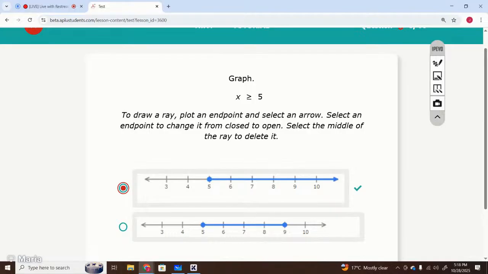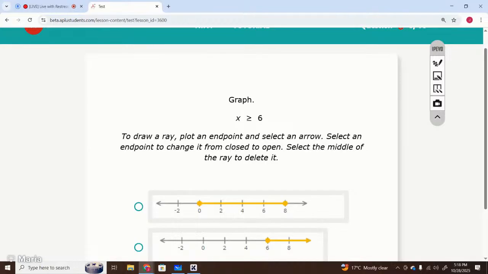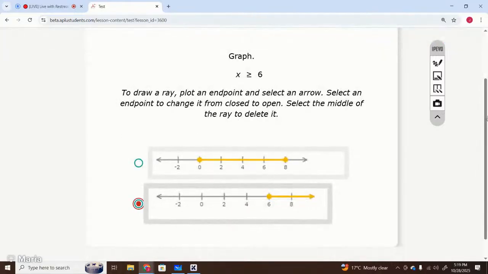Option number 1 is the correct option. Graph X is greater than or equal to 6. Option number 2 is the correct option.